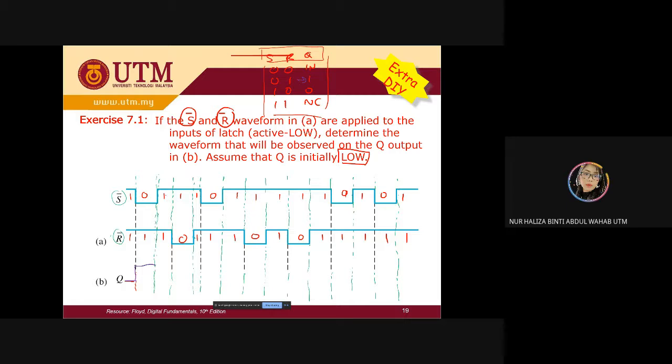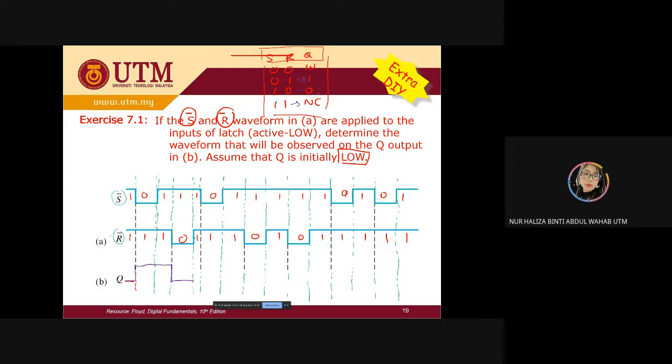My next dotted line is 1, 1. 1, 1 is what? No change. So here is no change. Good. And you can see here next is 1, 0. It is 0.